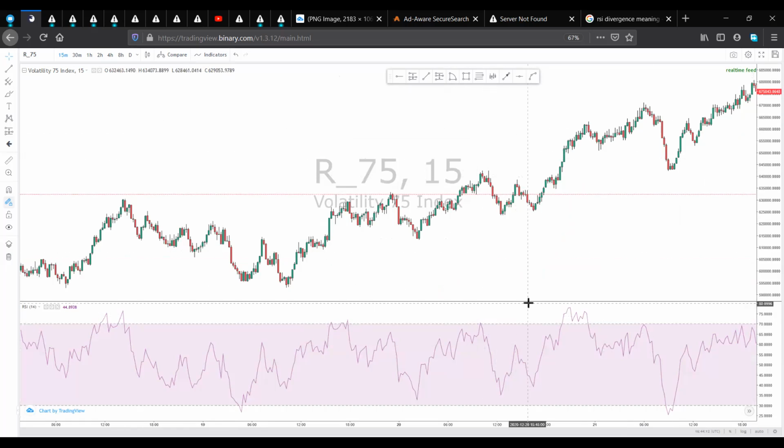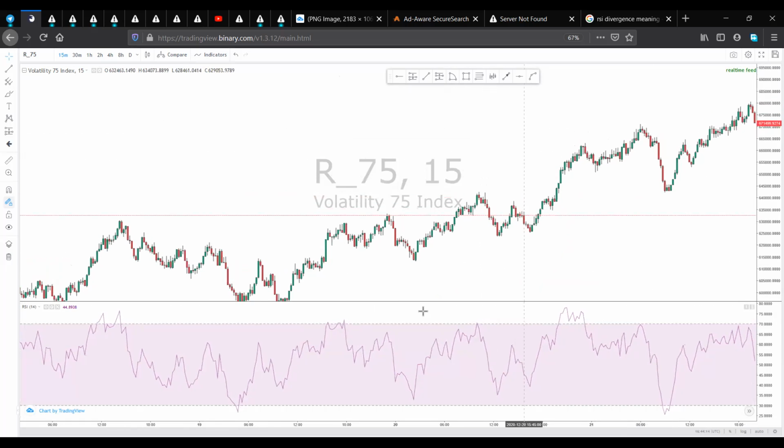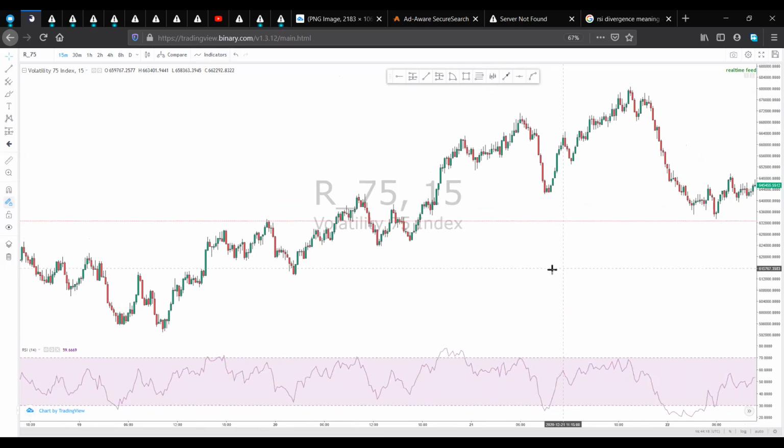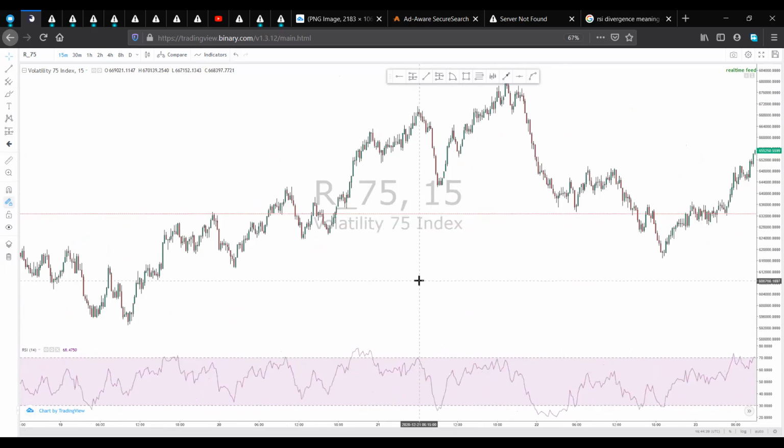So let me put my chart clearly. As you can see, this is the RSI. The 70 level is above here, and the 30 level is below here. So we buy when the market is below, and we sell when the market is high. That's the normal thing.